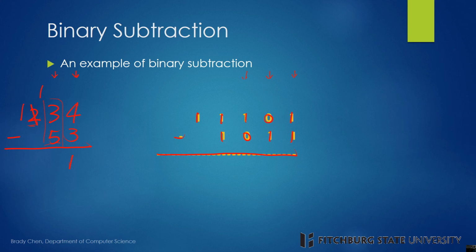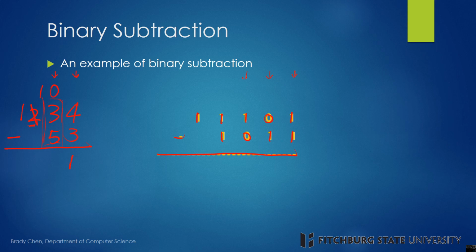Now remember, in decimal, every 1 in the next position represents 10 in the current position, right? So the 1 borrowed from the hundreds position actually represents 10 in the tens position. So this one is going to be counted as 10 over here.